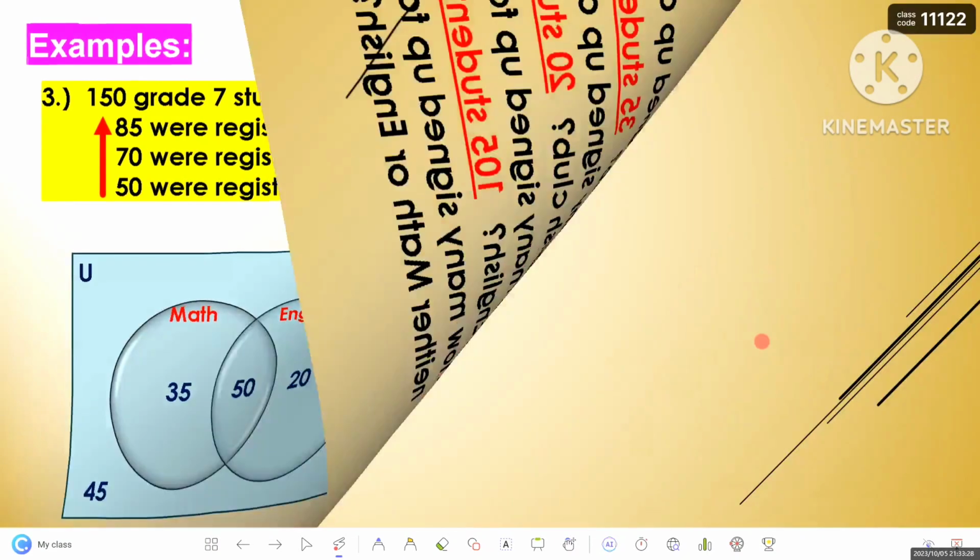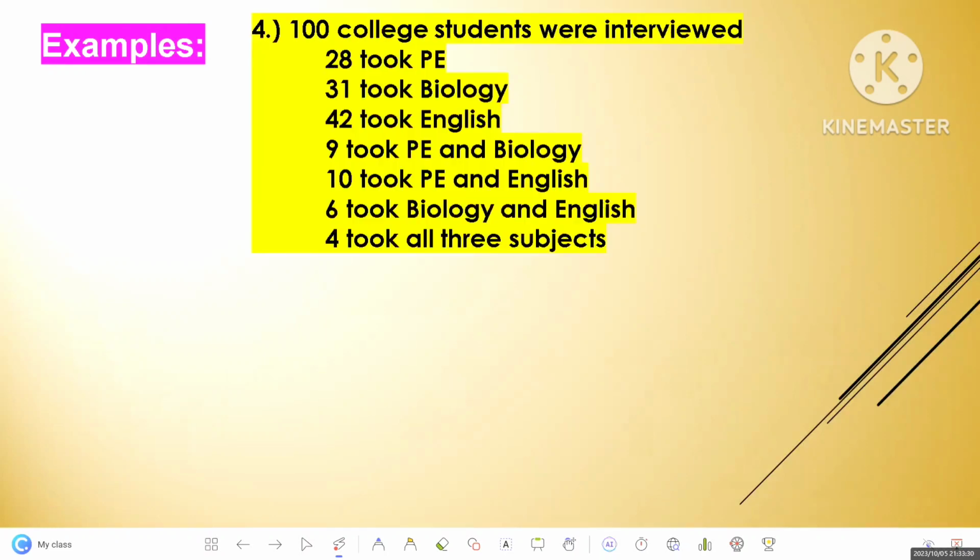Now, let's take another example, number 4. Sa number 4 natin, 100 college students were interviewed. 28 students took PE, 31 students took biology, 42 students took English, 9 students took PE and biology, 10 students took PE and English, 6 students took biology and English, and 4 students took all 3 subjects.